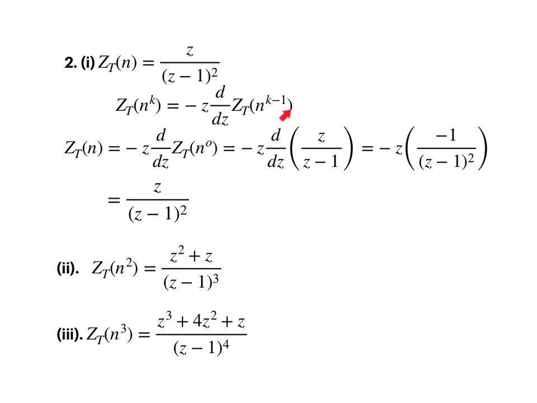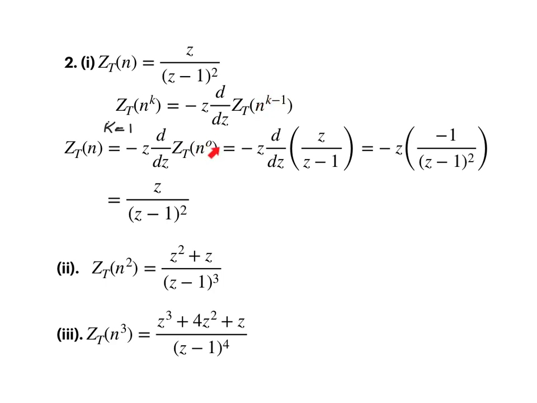We have this property, and by substituting k is 1, we get z transform of n power 1, so z transform of n, which is required. According to this property, it is minus z d by dz z transform of n power 1 minus 1, which is n power 0.